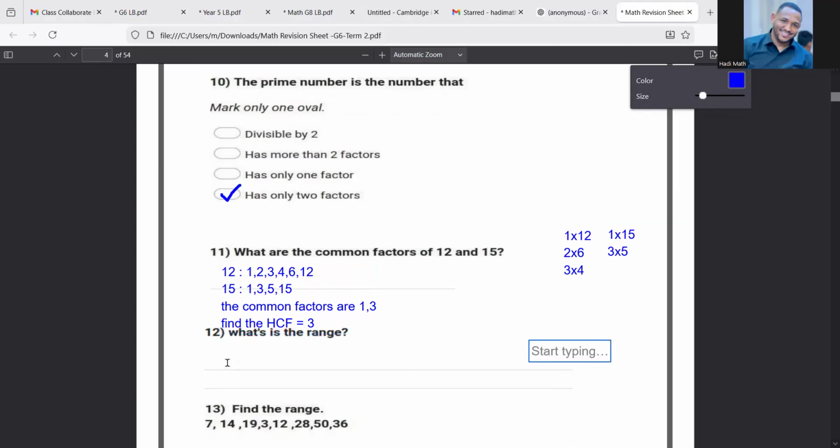What is a range? You need to understand range equals highest score minus lowest score.